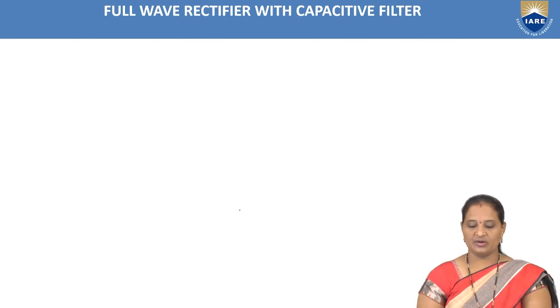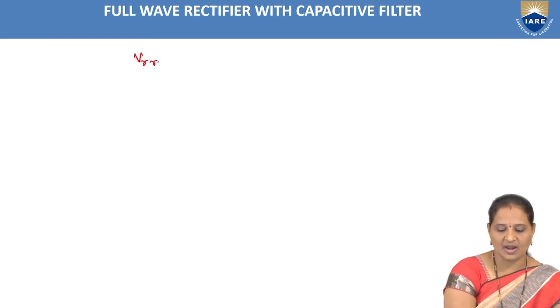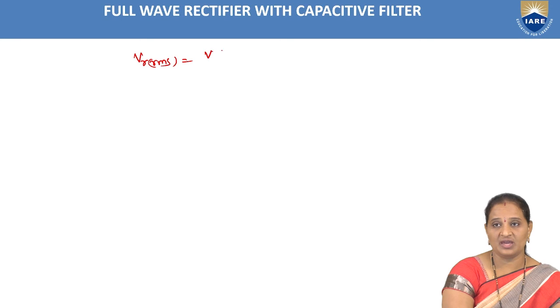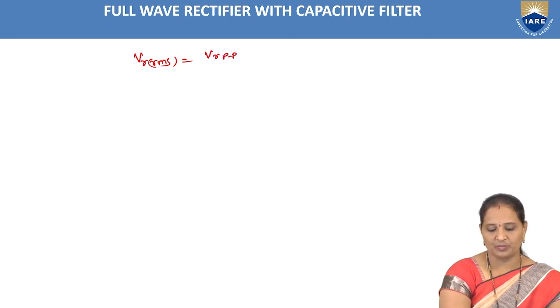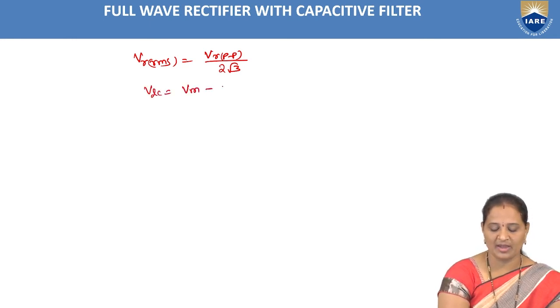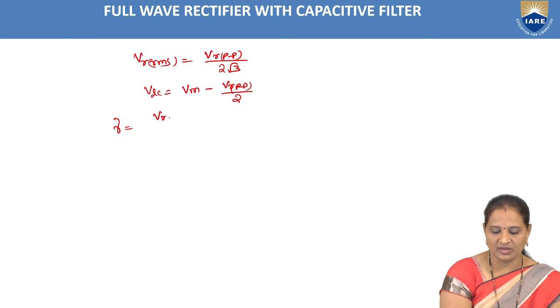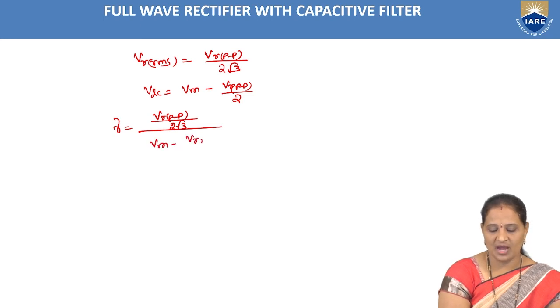We already know the value of VR RMS, which is VR peak to peak divided by 2 into root 3, and the VDC value is Vm minus VR peak to peak divided by 2. Now gamma is equal to VR peak to peak divided by 2 root 3, and Vm minus VR peak to peak divided by 2.